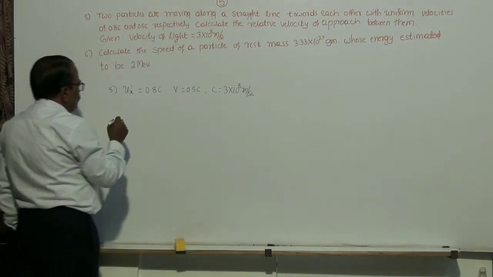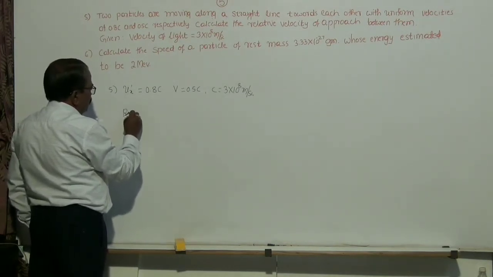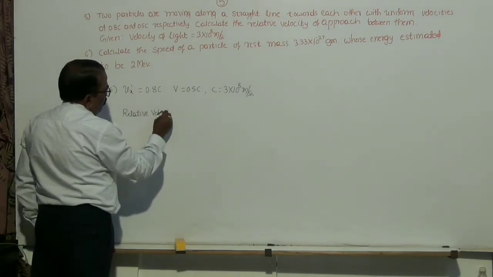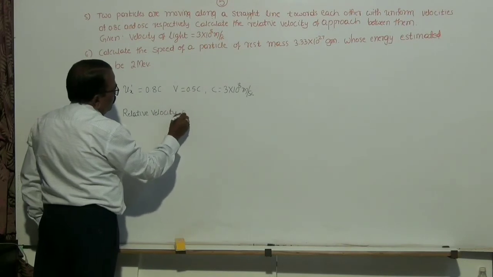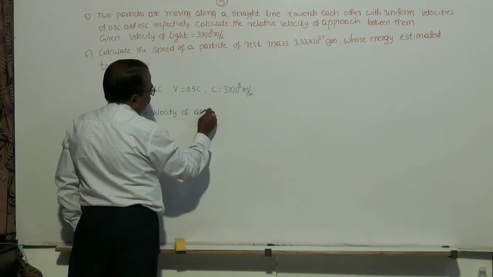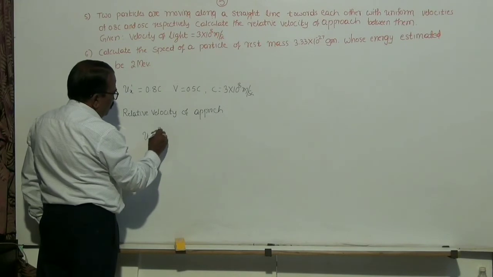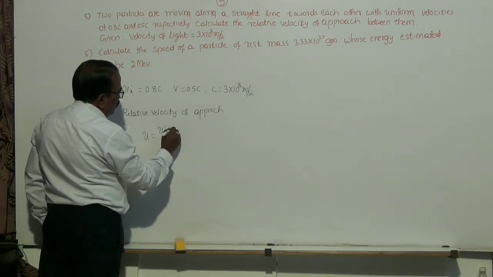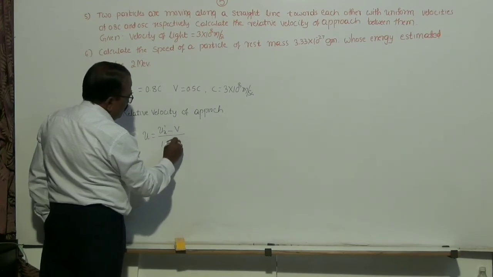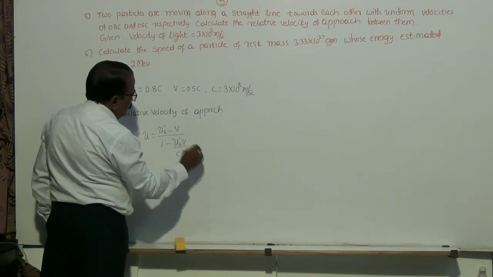Now once again you have to use this relative velocity of approach. U is equal to ux dash minus v upon 1 minus ux dash v upon c square.